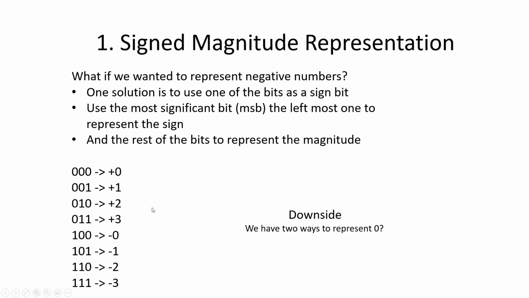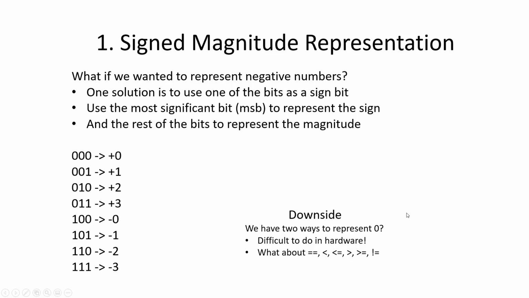There's one significant downside to using this sign magnitude representation, and that's we have 2 different ways that we can represent 0. There's a positive 0 at 0, 0, 0, and there's a negative 0 at 1, 0, 0. And so this leads to all kinds of problems. It's really difficult to do in hardware. And if you think about it, what do these things mean with these 2 different binary representations?